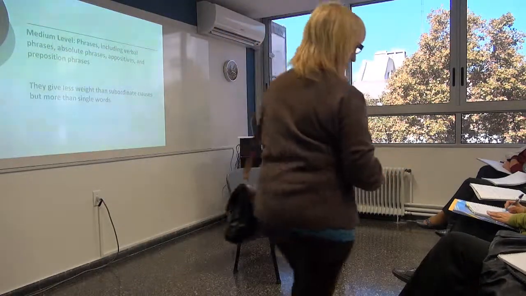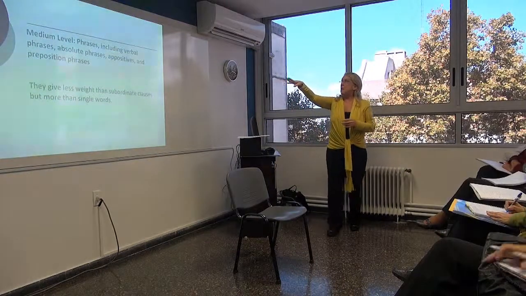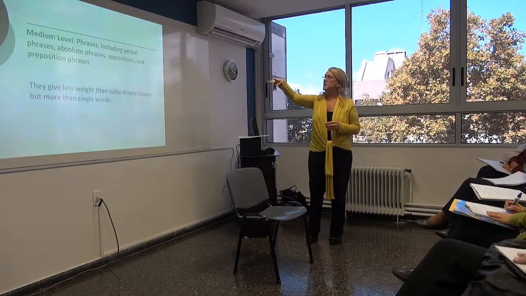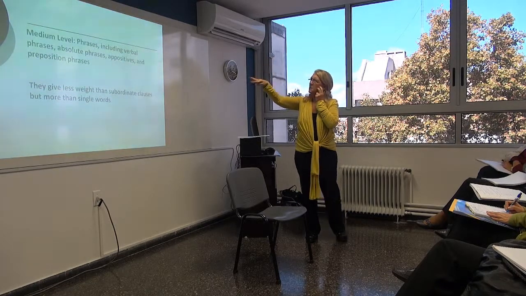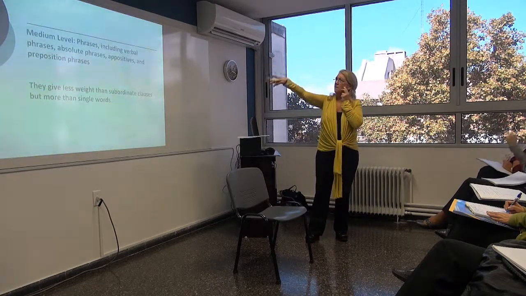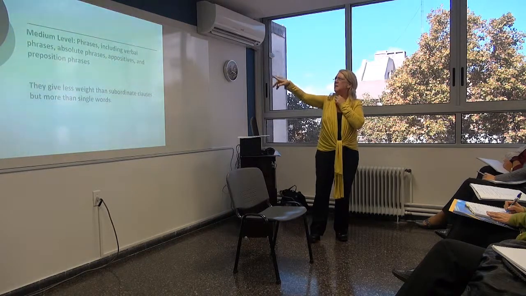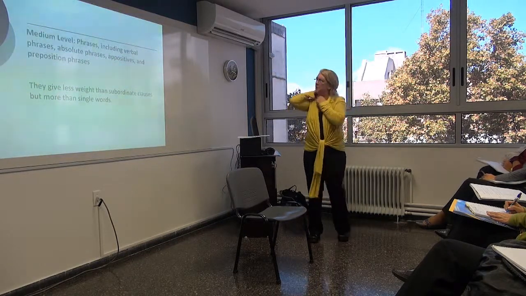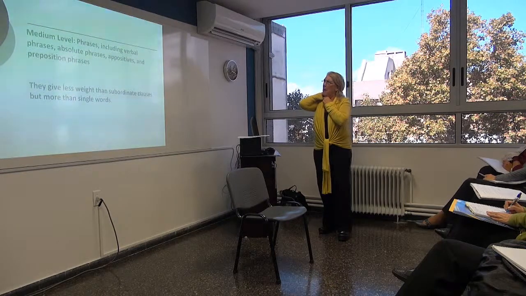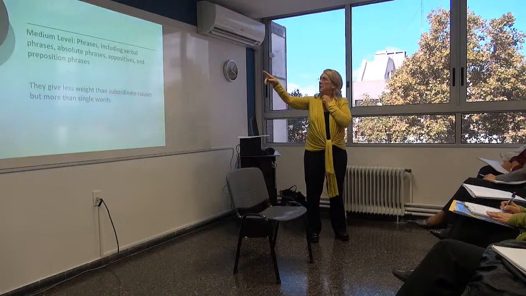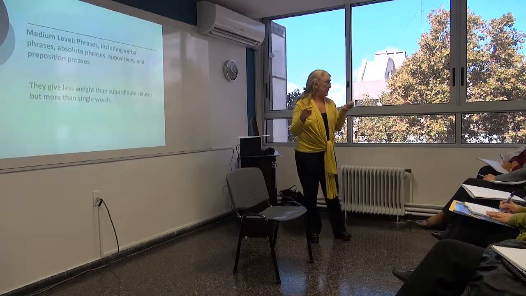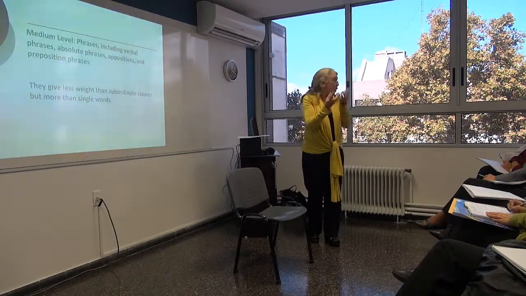Okay, so medium level, and this again follows the logic of the form aspect of the grammar having an impact on the meaning. Okay, so phrases: verbal phrases, absolute phrases, appositives, and preposition phrases. And we covered examples. Well, I didn't give you an example yet of an absolute phrase, but if you follow the logic, verbal phrases and absolute phrases have a verb form in there.